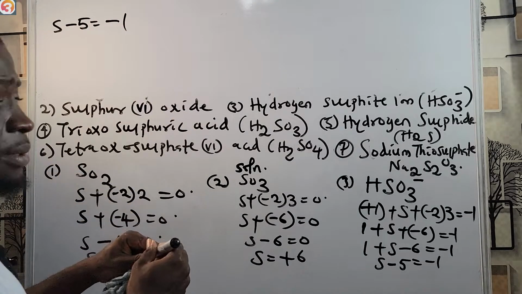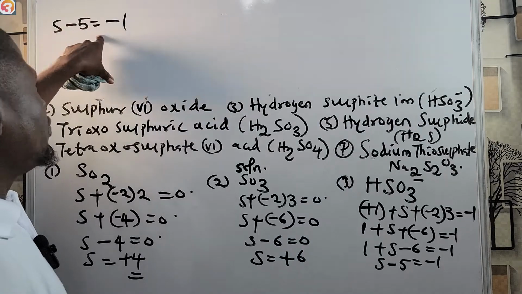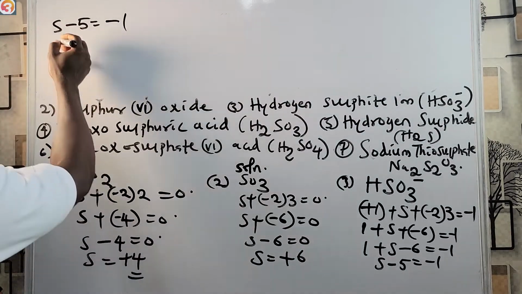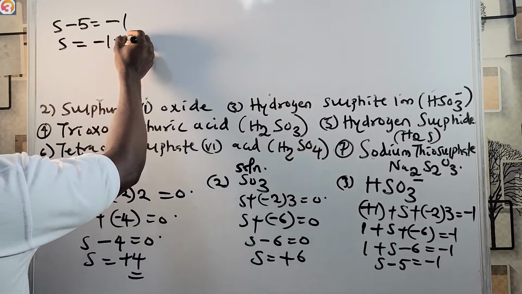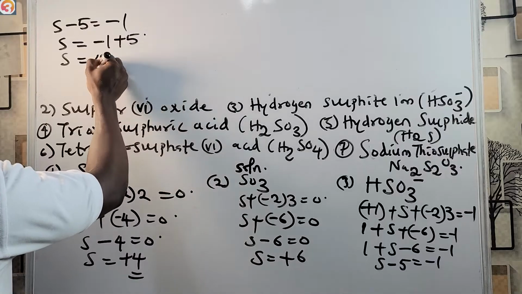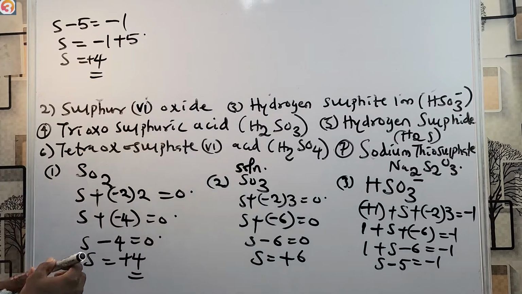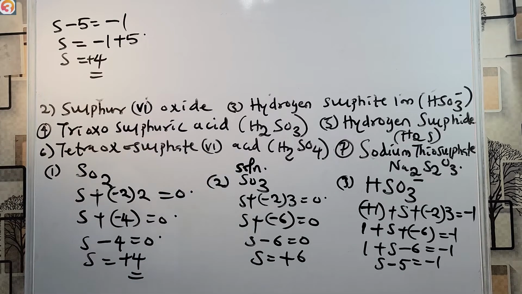This is what I was explaining: -5 is crossing the sign of equality to turn to plus. So S is equal to -1 plus 5, which is +4. So the oxidation number of sulfur in this is +4. So that is that for HSO3 minus.